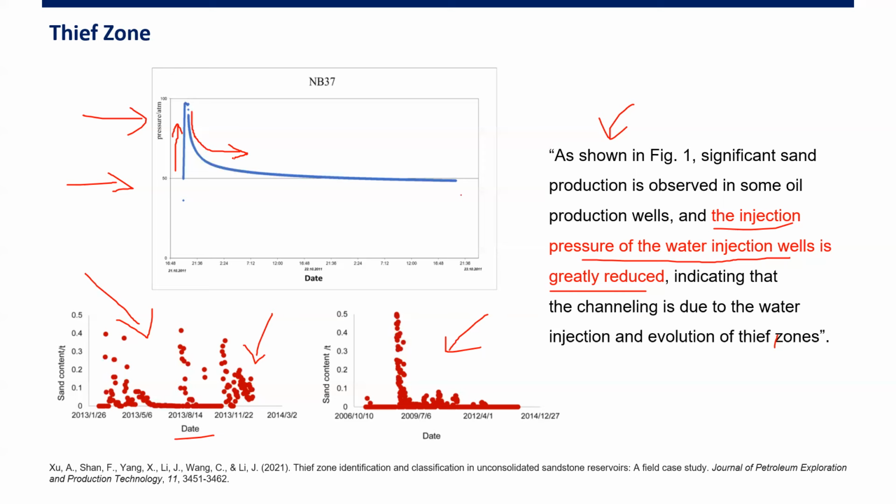Okay, so if you have increased sand production in your producers, and close to those producers you have an injector which experiences significant injection pressure reduction, then that's the evidence that now you have TIF zones connecting the injector with the producer. Okay, so that's one evidence of TIF zones.